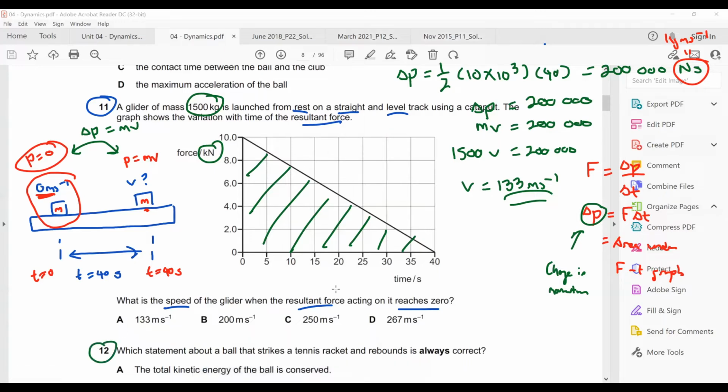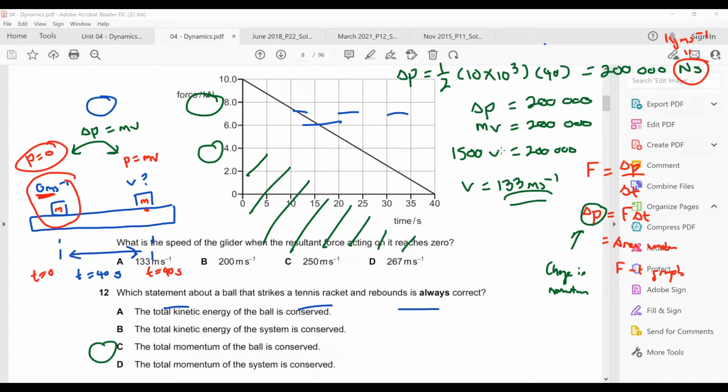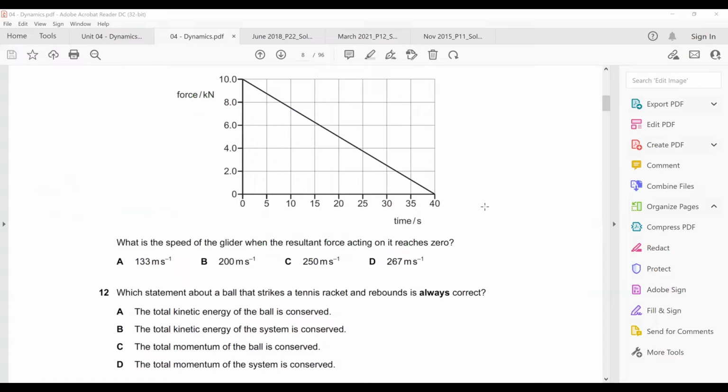Which statement about a ball that strikes a tennis racket and rebounds is always correct? See, what is always going to be correct? Let me just illustrate for you. You have a tennis ball.